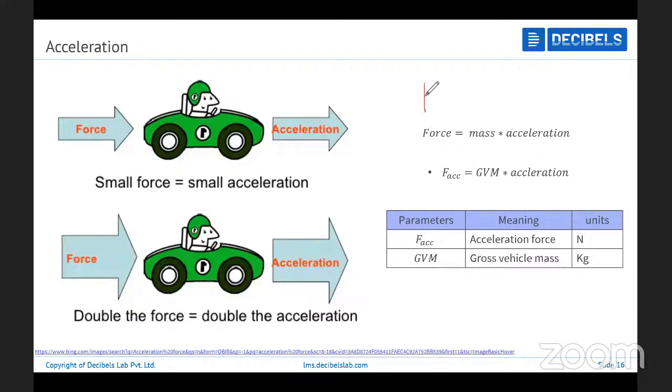Let me take an example here. This is somewhat like a block on some surface. There is some force acting, and a rolling force is also acting. Let's consider it is a flat condition, so there is no gradient force.